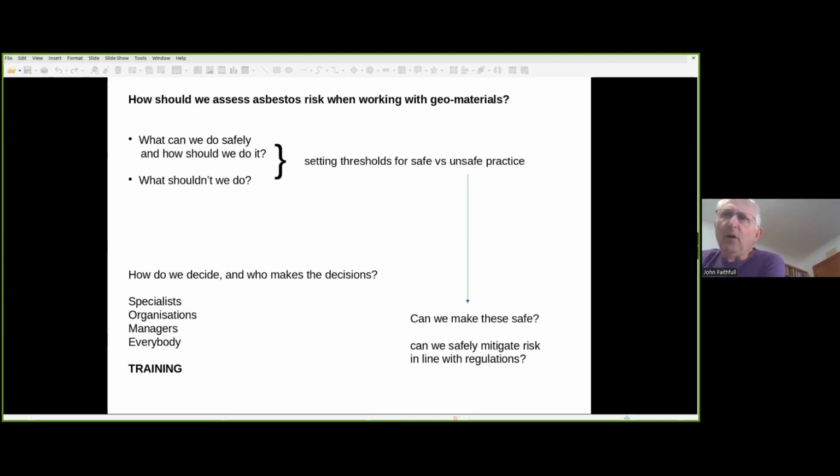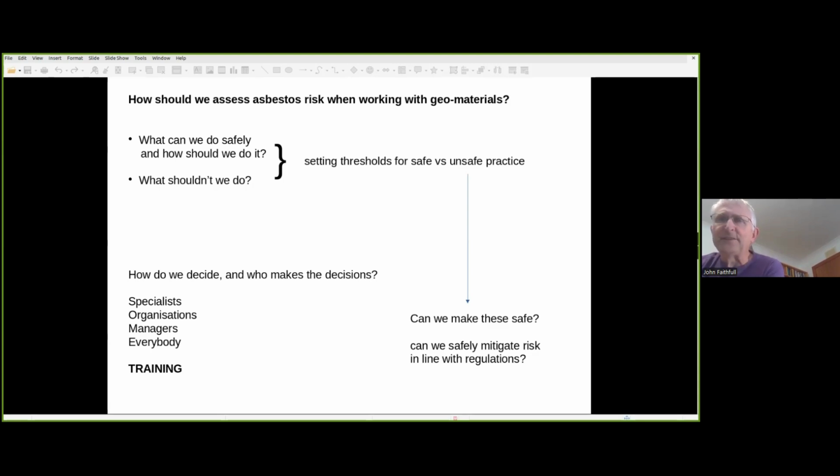So, like all things, when we're looking at risk, when we're looking at asbestos, we need to know what we can do safely, how we should do it. We need to know what the thresholds for that safety are, and we need to know what we shouldn't do. Where there are things that are unsafe, we need to be able to decide how can we make these safe. Can we make these safe and meet regulatory and general good practice principles of how to proceed? And how do we decide and who makes these decisions?